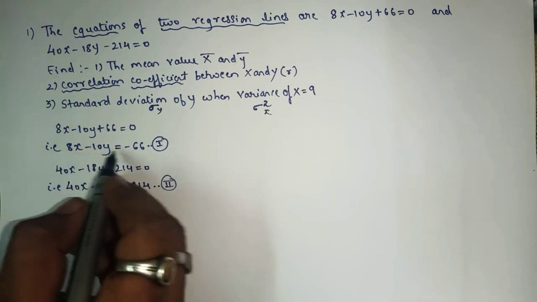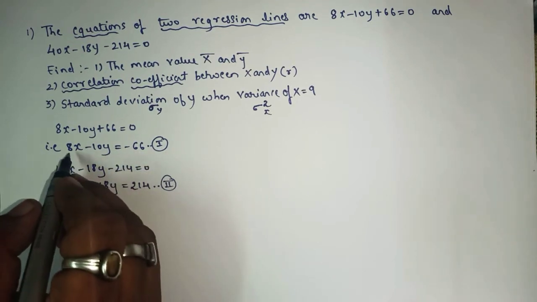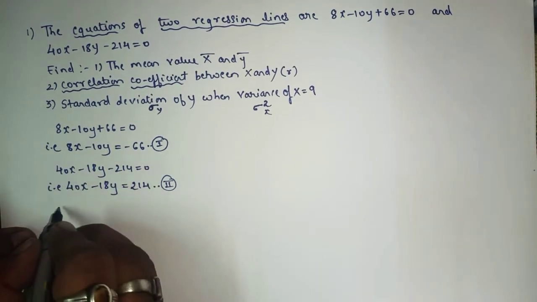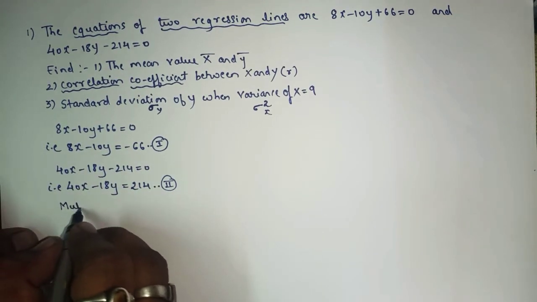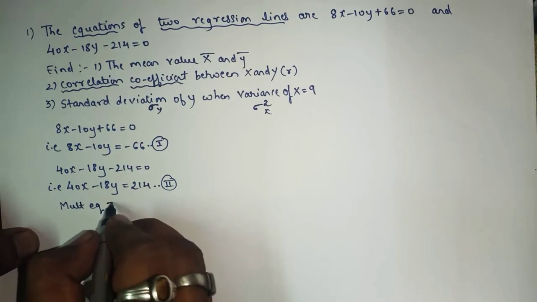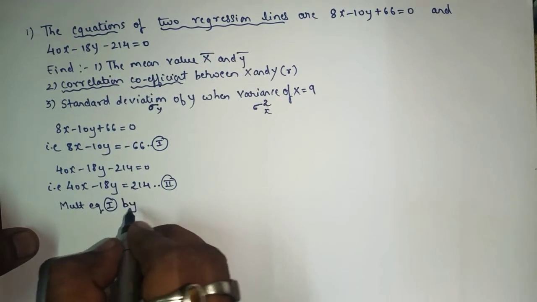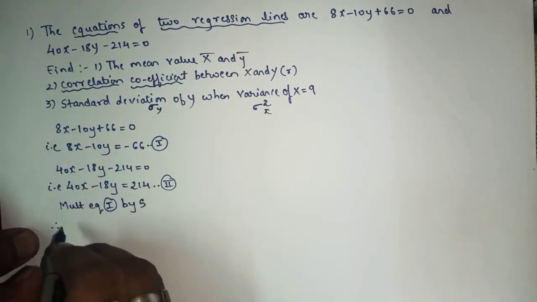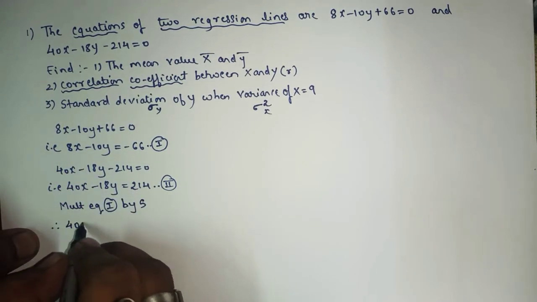if I multiply this equation by 5, 8 fives are 40, so 40 and 40 will be the same. So I will multiply equation number 1 by 5. Therefore 8 fives are 40x.